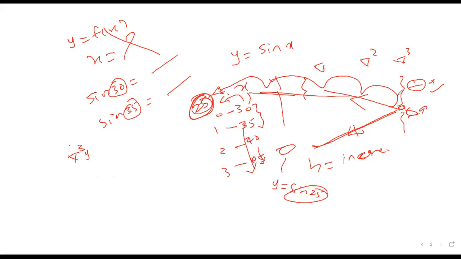Let's say, okay, let's do that anyway. You also can do now. So let's do this question, okay? So x is this one, y is equal to sine x. Again, we have to find the delta squared, delta cube. Okay, put the values 30, 35, 40, 45.